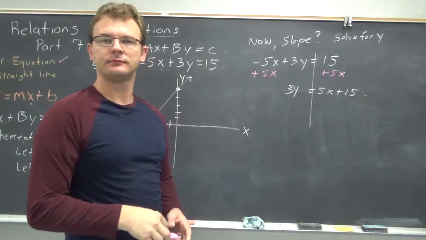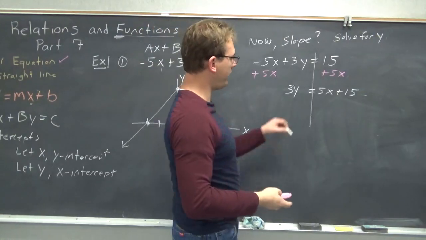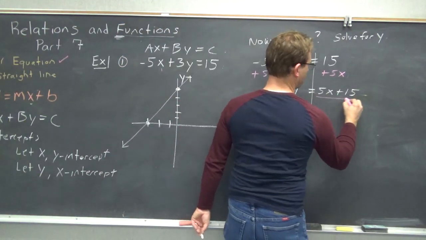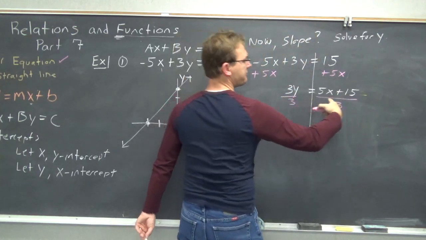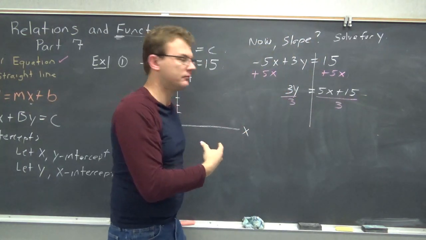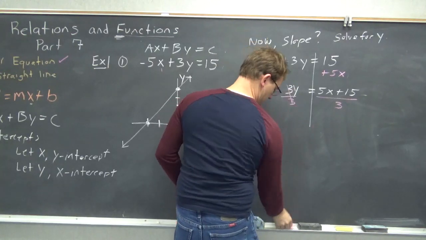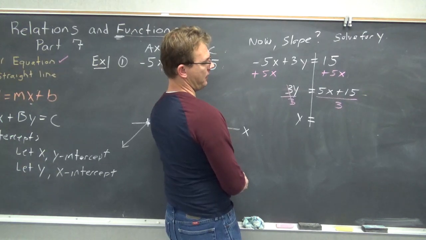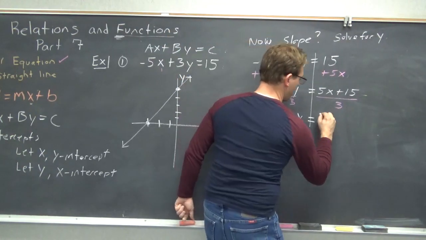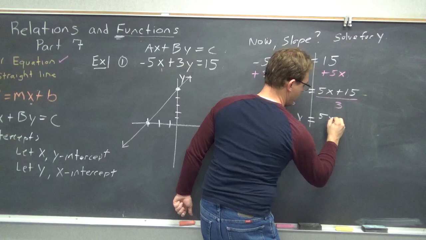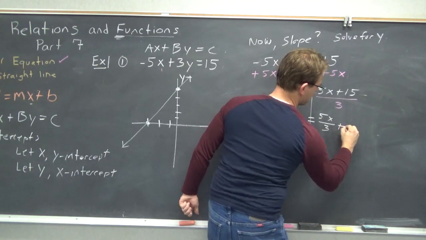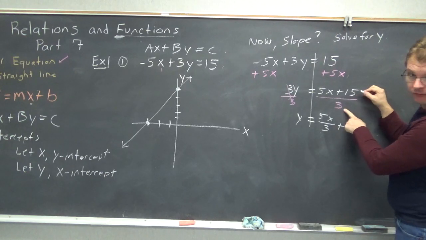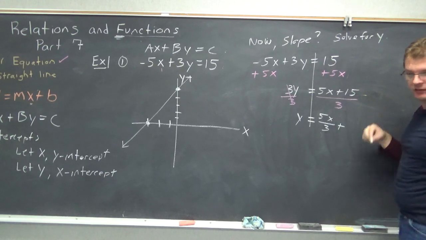Correct? What do we divide by now? 3. But remember, this 3 has to divide the whole thing. So this goes away. That goes away. Now you have 5x divided by 3 plus, what is 15 divided by 3? How many 3's go into 15? 5, right?